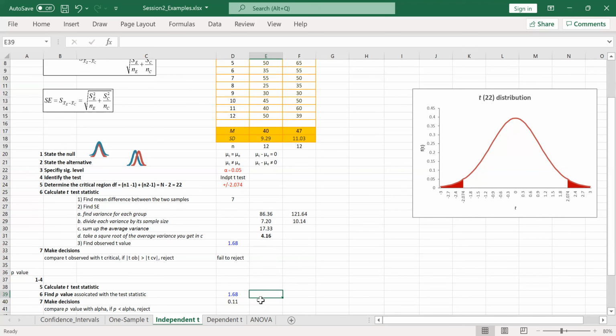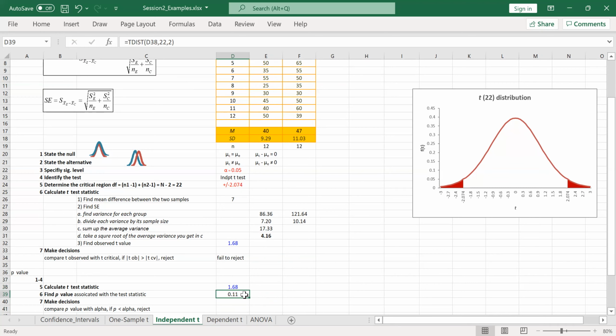So this is the observed p-value. So the probability of getting a t-value this large is about 11%.